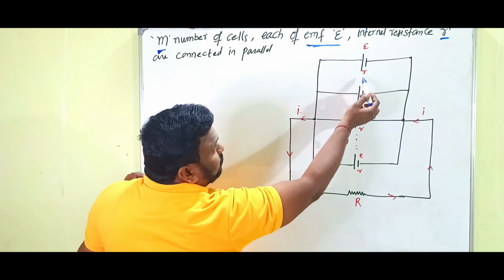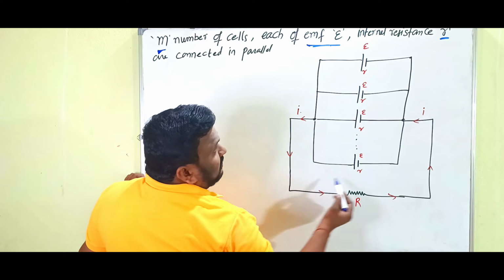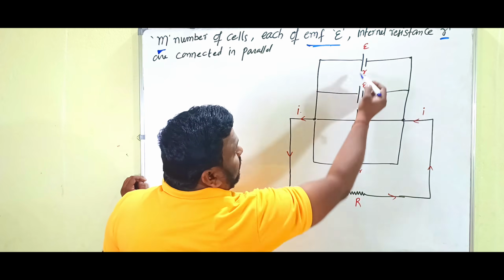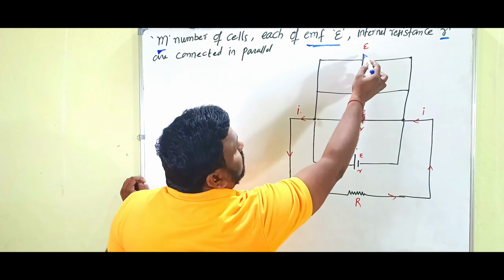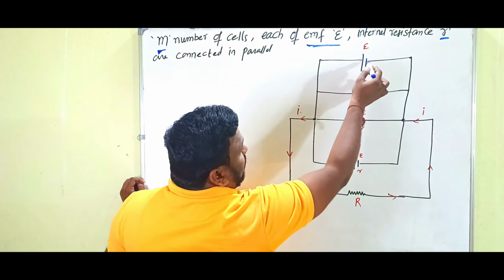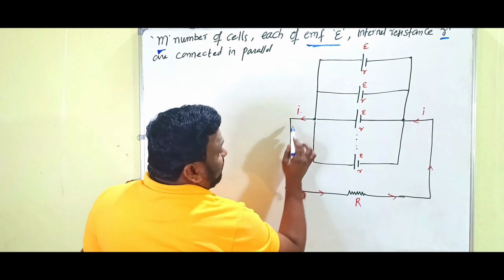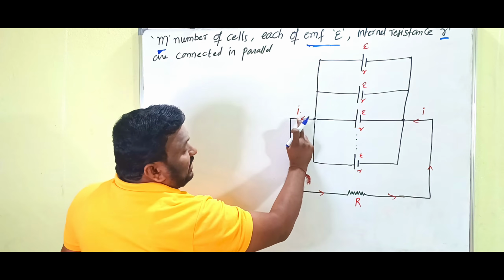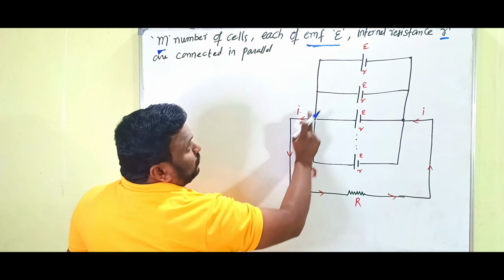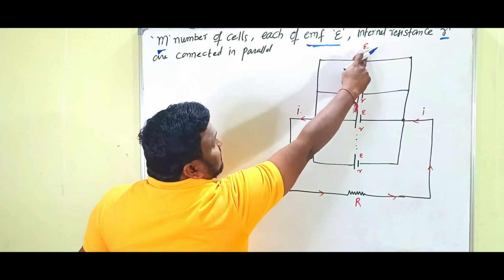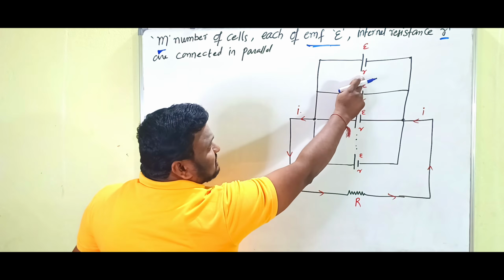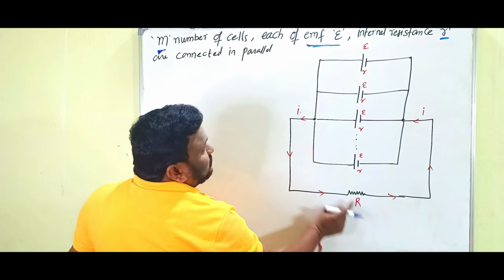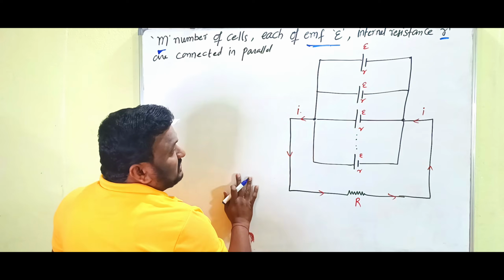All the positive poles are given to this point, and all the negative poles are given to this point. In between them we give some external resistance R, and I is the amount of current. Epsilon is the EMF of each cell, small r is the internal resistance of each cell, capital R is the external resistance, and I is the current in the circuit.